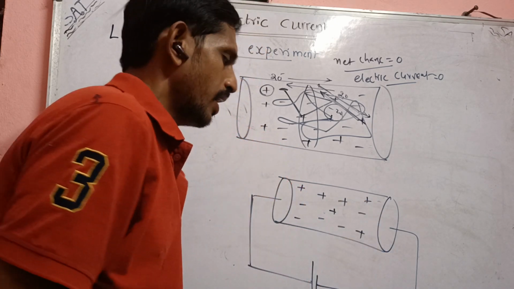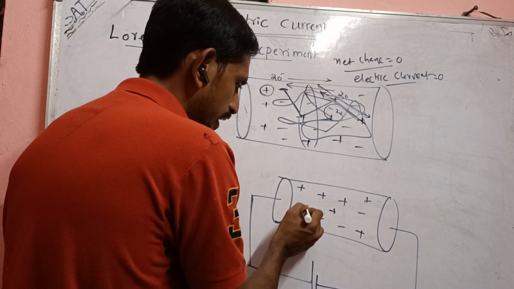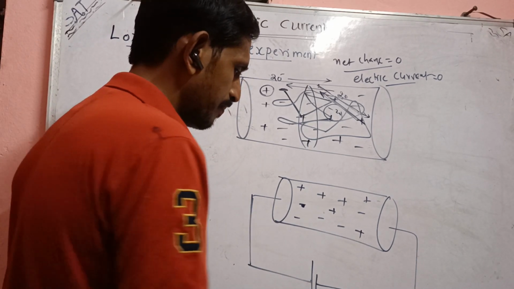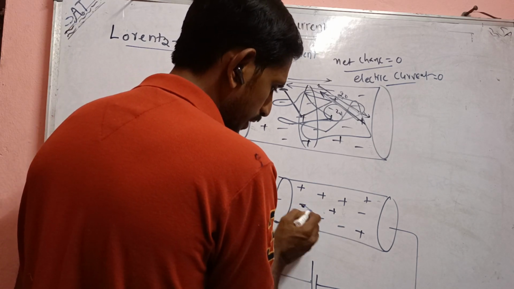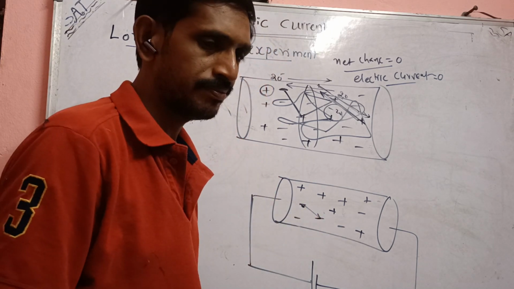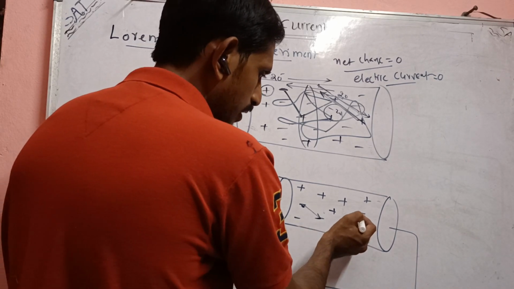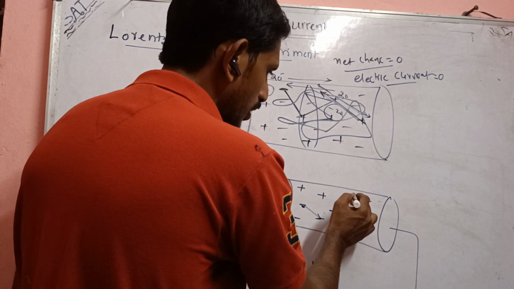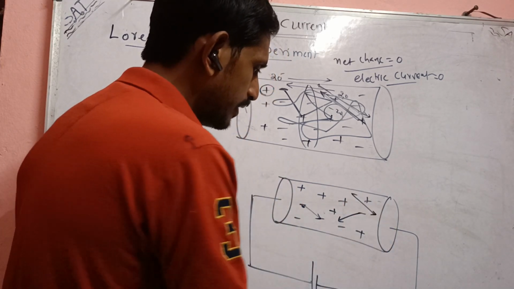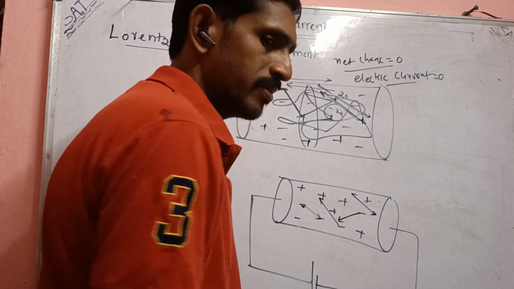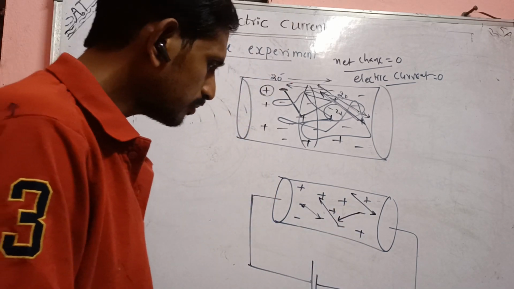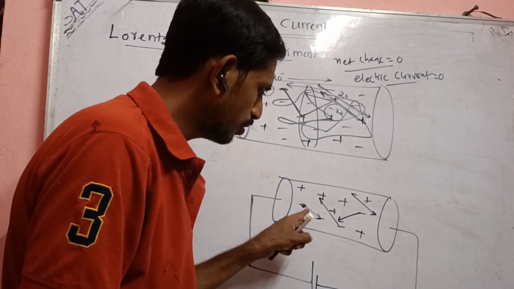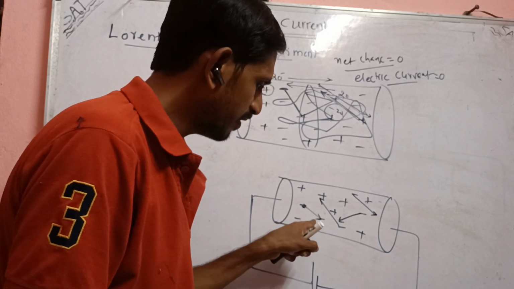Before connecting the battery or cell, these electrons are moving in various directions. Now, who provides this movement for the electron?